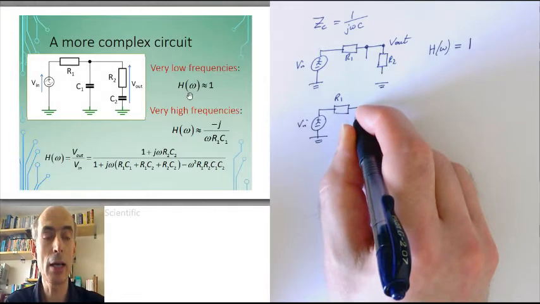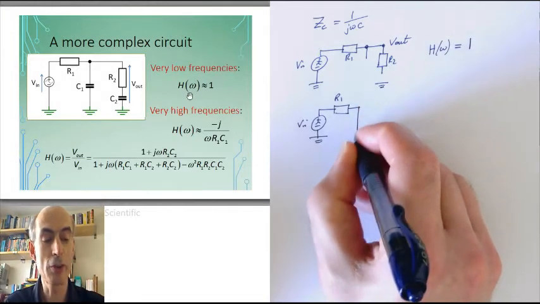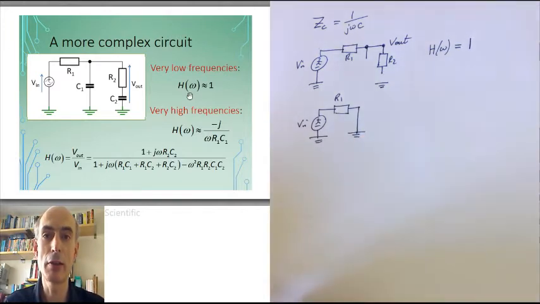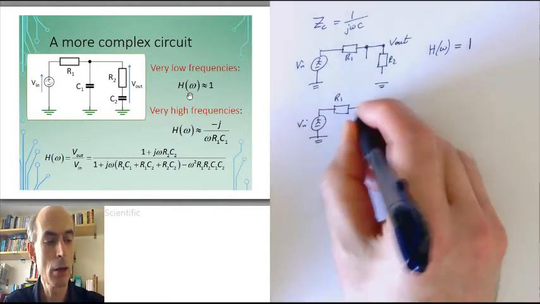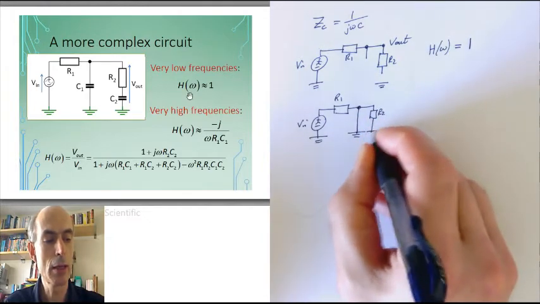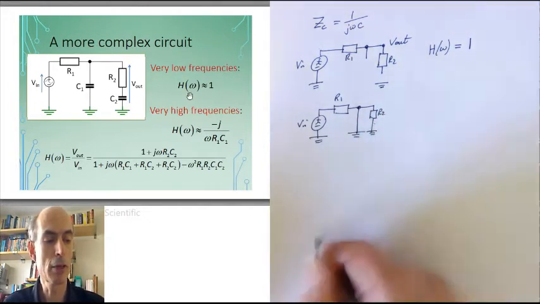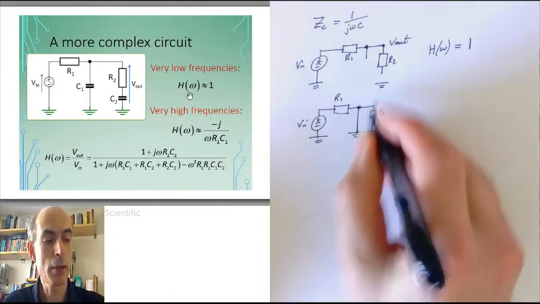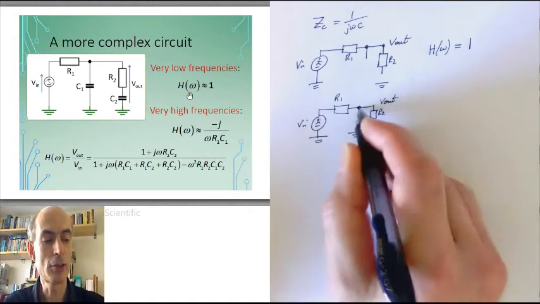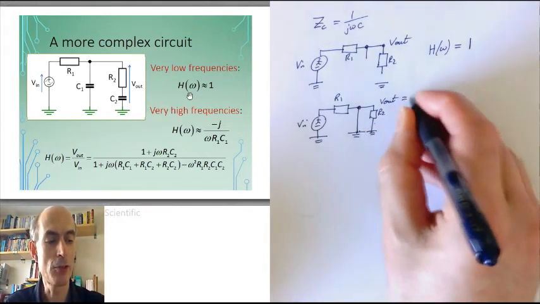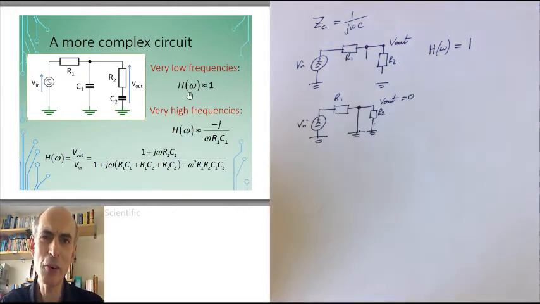Capacitor C1 has an impedance of 0 at infinite frequency, which means that it's effectively just behaving like an ideal wire. R2 would have still its impedance of R2, and C2 would behave like a wire. We would have that circuit. At this point here, my output is now directly connected to ground through C1, therefore Vout is 0. That's not a terribly useful high-frequency approximation.